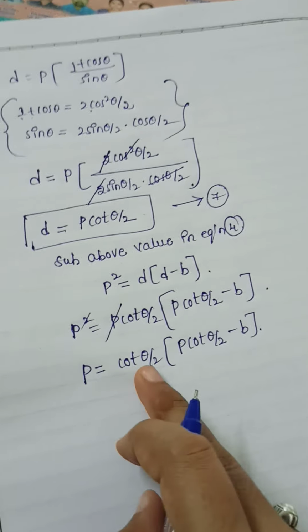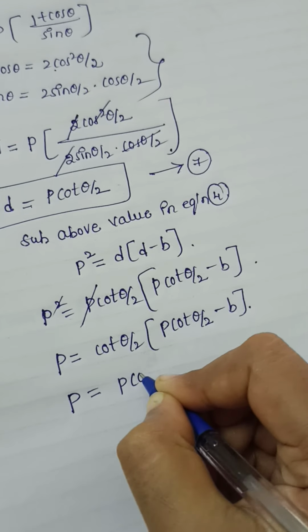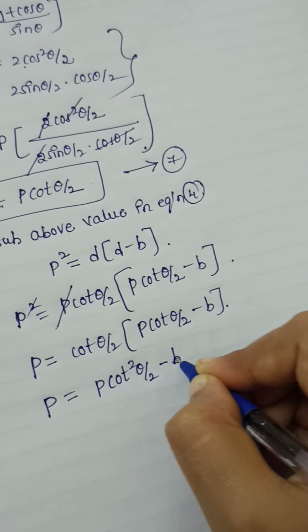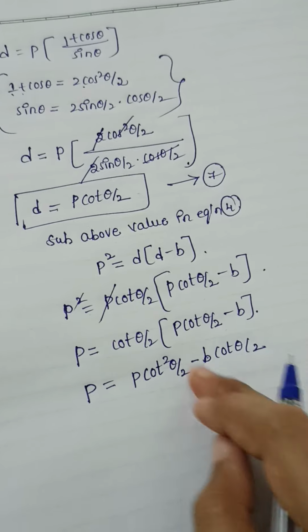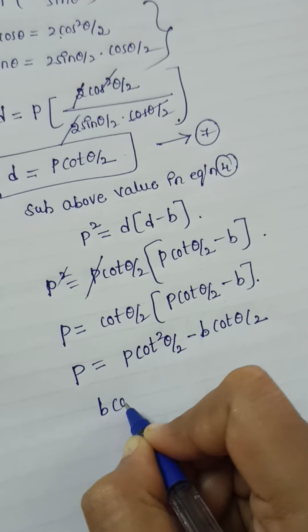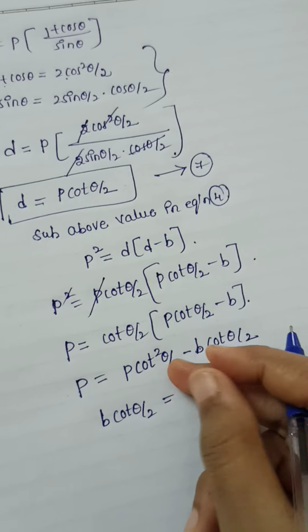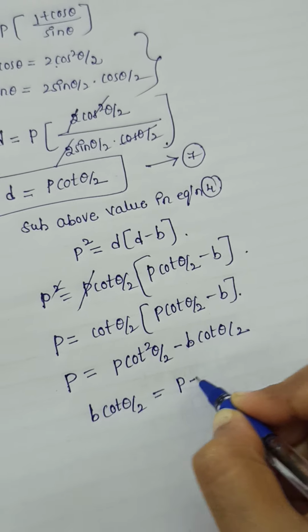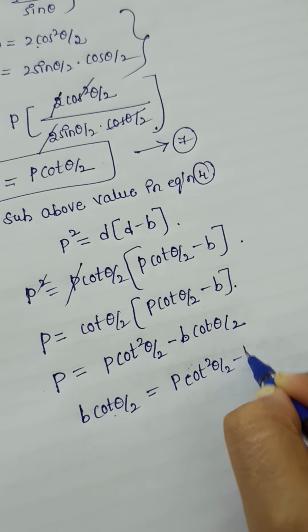I am multiplying cot theta by 2 inside, that is P is equal to P into cot square theta by 2 minus B into cot theta by 2. So here I am writing B on the left hand side: B cot theta by 2 is equal to P cot square theta by 2 minus P, because we already have two P's, so I am taking all the P's to one side.